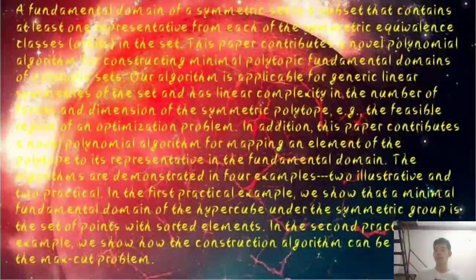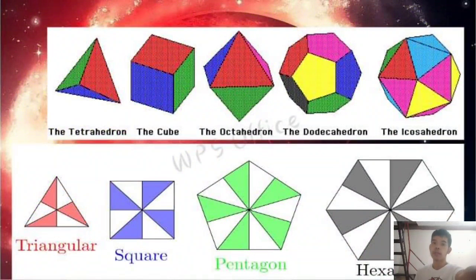In the second practical example, we show how the construction algorithm can be applied to the max cut problem. So this is the example of fundamental domain. The tetrahedron, the cube, the octahedron, the dodecahedron, the icosahedron, triangular, square, pentagon, hexagon.